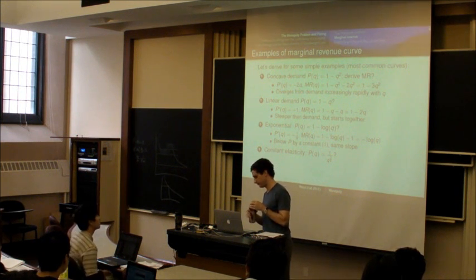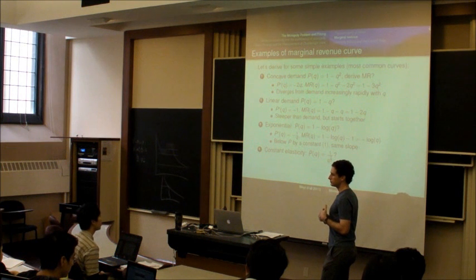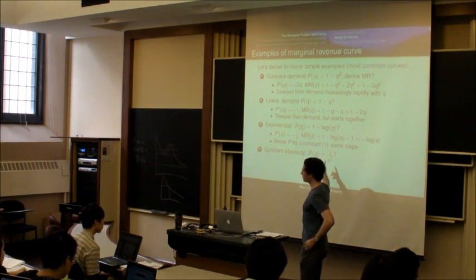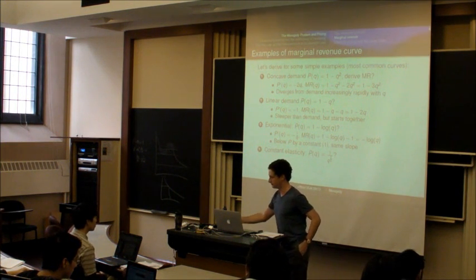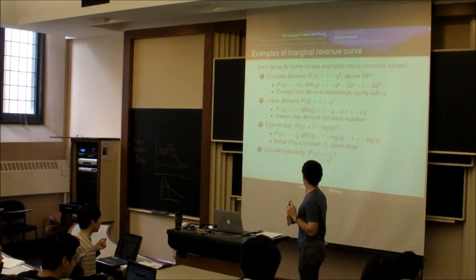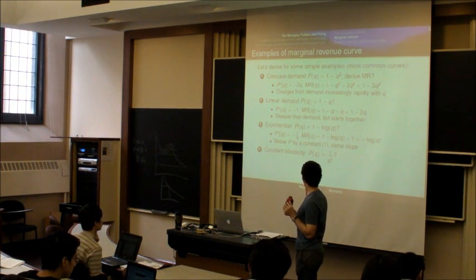And it's negative, I think, 1 over 2Q to the 3/2. Yep. And then what do you do with that once you get it? Then I multiply that by Q and then subtract it from Q. Yep. And so I get 1 over 2Q to the 1/2.